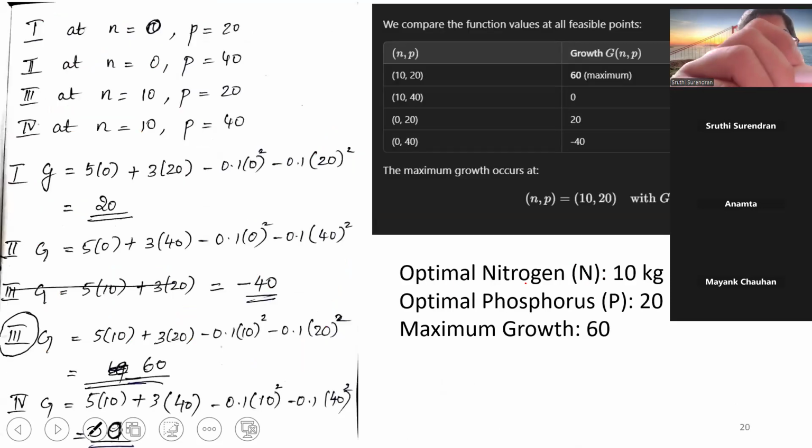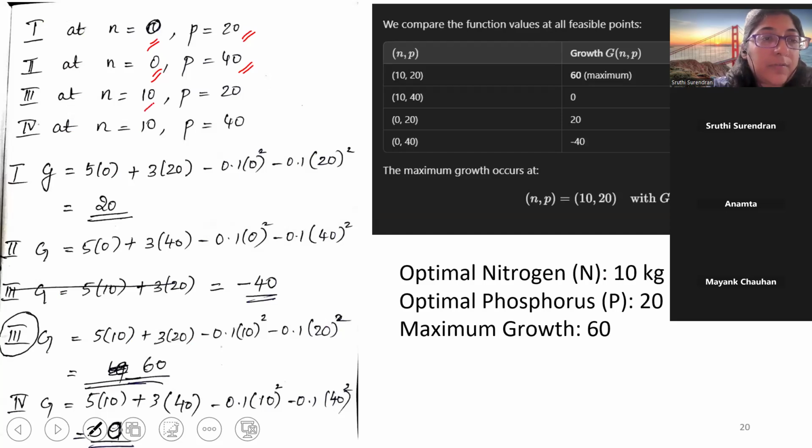So in the next step, we will find out what is the growth at a lower limit of nitrogen, which is 0, and a lower limit of phosphorus, which is 20. Then we will find out the growth at a lower limit of nitrogen and the uppermost limit of phosphorus.